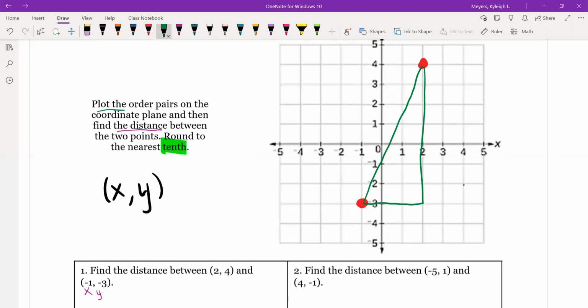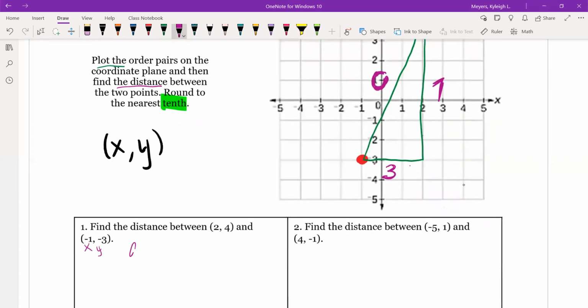And now we find the value of those sides, right? So we have 1, 2, 3, 4, 5, 6, 7 down. And 1, 2, 3 sideways. Okay. And we're trying to find our C value. So now we just plug that into the formula, right? Which I think you could probably do on your own at this point, but I'll write it out.